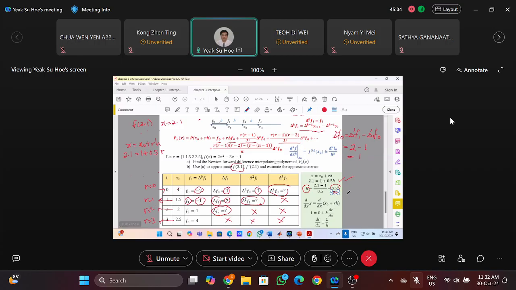So that's why we get 2.2. So you have these 4 terms, and then you substitute your R equal to 2.2. Okay, clear? It means that the polynomial at S equal to 2.1 is actually equal to the polynomial at R equal to 2.2.